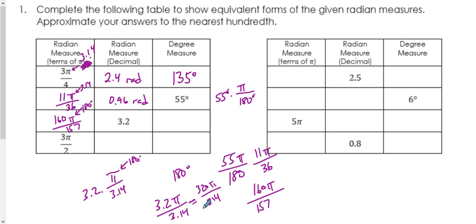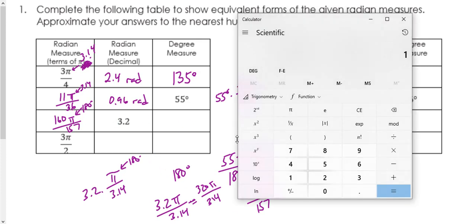So it would be 3.2 times 180 divided by 3.14. But as it is right now, we already got the work done, so we could use this or not. So 160 times 180 divided by 157, and we end up with about 183.4 degrees.